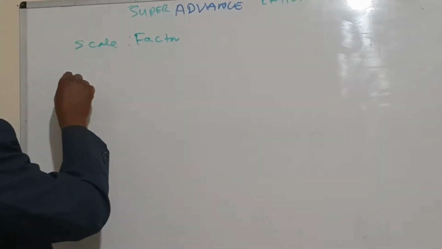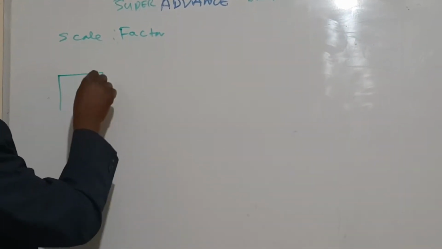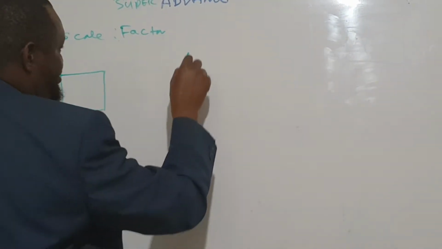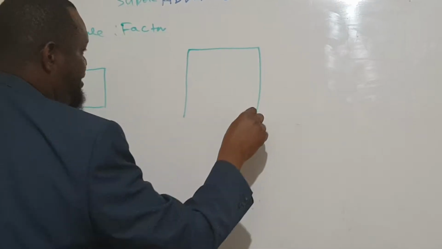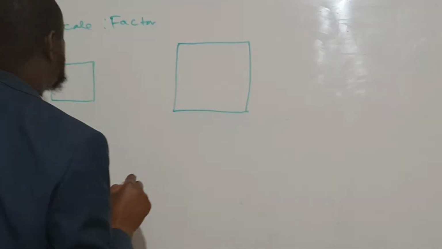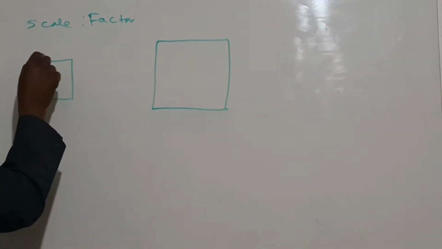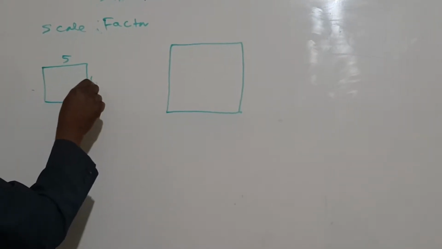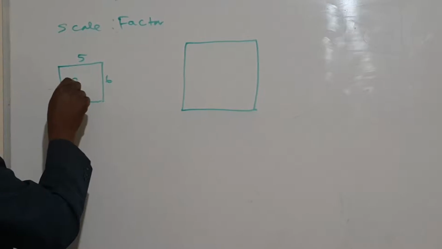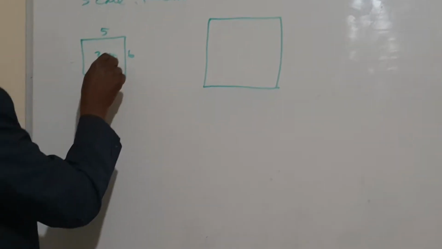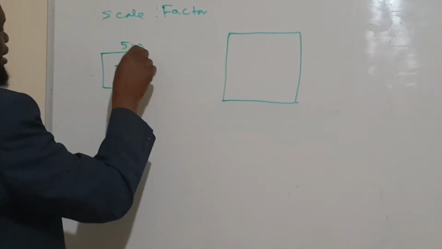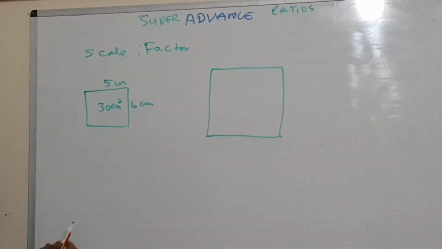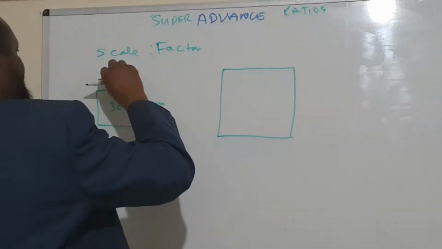But let us compare a box, a 2D square, and a big square. Let's say this is 5, this is 6. Then the area is 30 centimeter square, because this is centimeter times centimeter. Okay, note that.